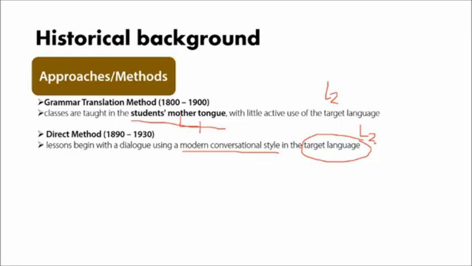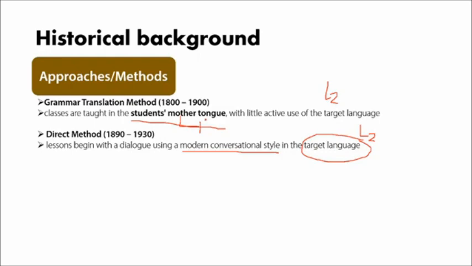And remember that only the target language is used in the class. So unlike the grammar translation method, which utilizes the L1, the mother tongue, here only the target language is being used in class. Okay, as a teacher, you won't use the students' mother tongue to teach concepts. Alright, listening and comprehension thus become central to this approach.